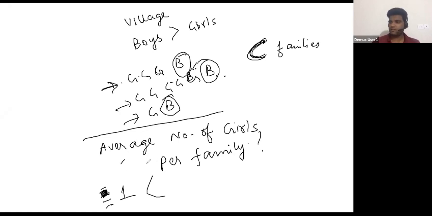Yes, we assume girls and boys are equally probable. So just prove mathematically that it's 1. You just have to write it out, there's nothing else in it. If you keep writing, it will work out at some point.